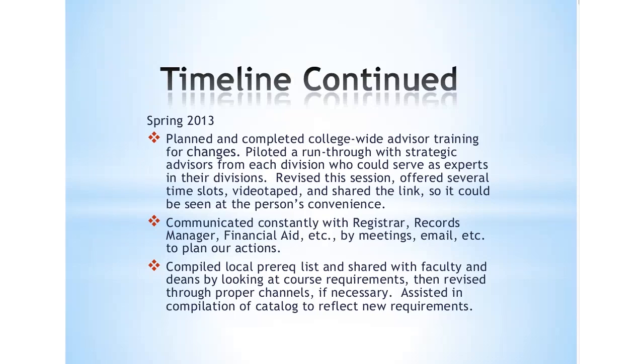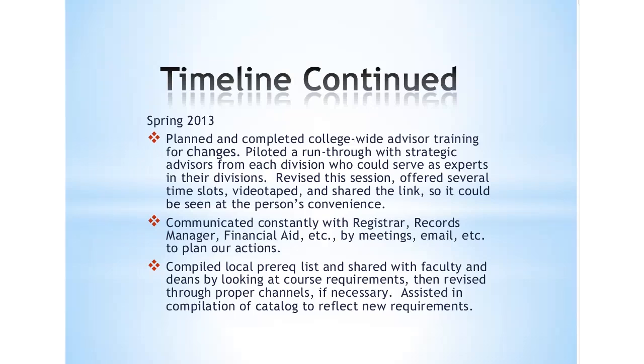Again, similar to Caldwell, we compiled a local prerequisite list and shared it with the faculty and deans. We looked at those course requirements and went through our regular curriculum approval committee. We also looked to see if it actually reflected where we wanted to be.